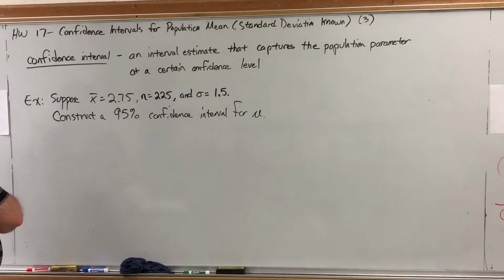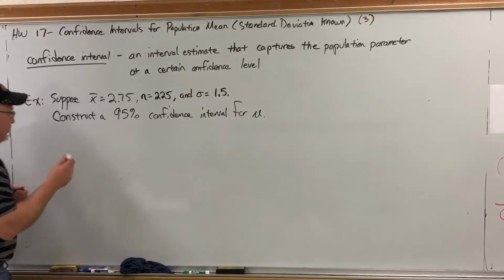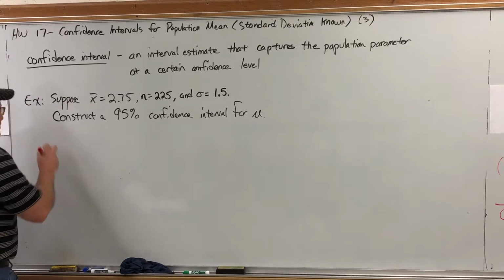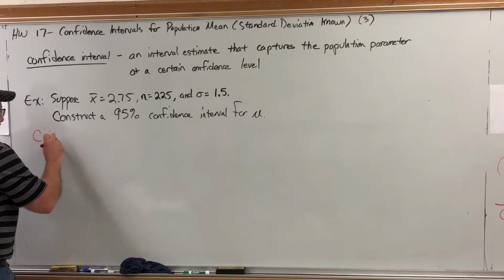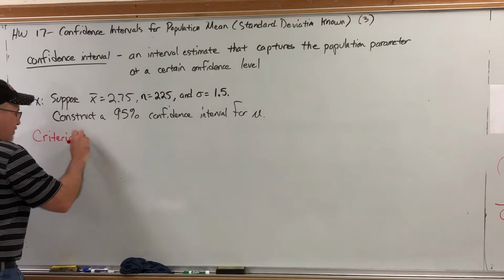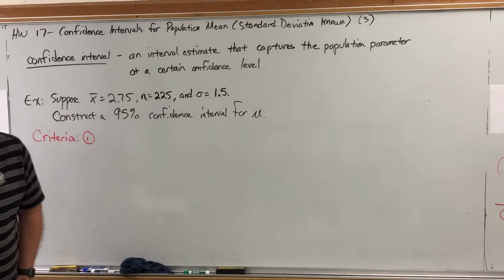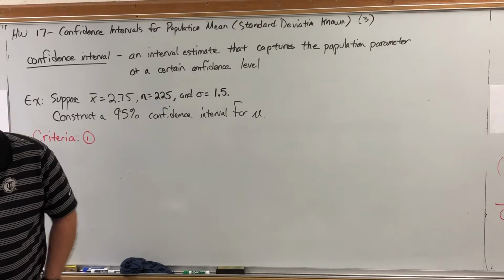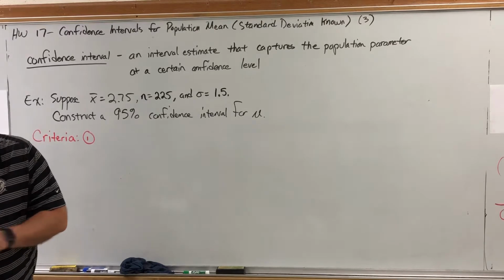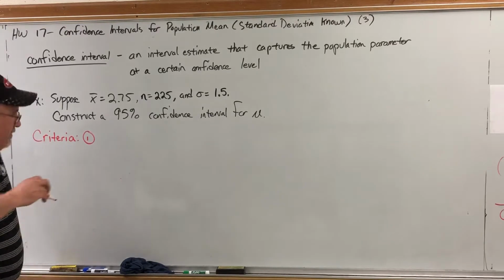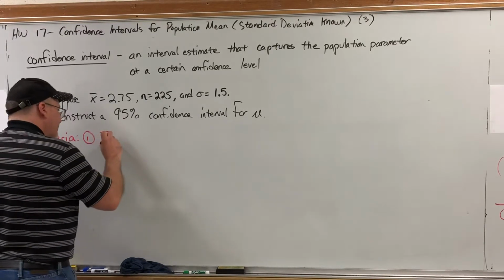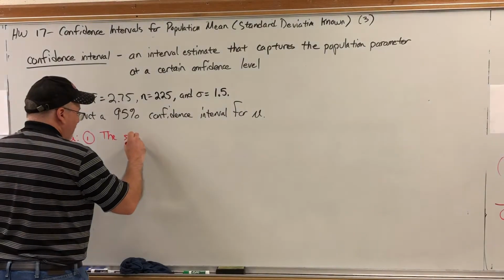All right, so before we construct this confidence interval, there are two assumptions or two criteria that must be satisfied. Criteria number one, the sample is a simple random sample.